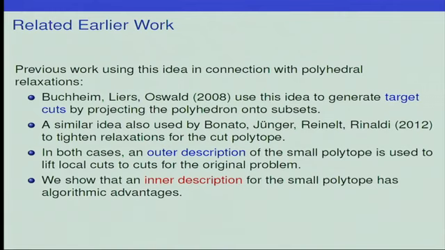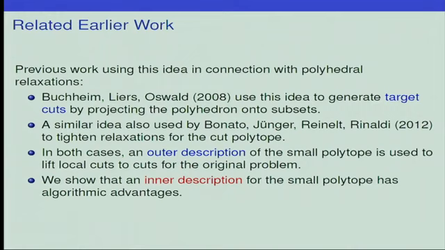There's some previous work that uses very similar inspiration, which is a paper by Buchheim, Liers, and Oswald using what are called target cuts, and also another paper by Bonato and co-authors. In both of these cases, they start with the big polytope, the big relaxation. They project to a small space. They find valid inequalities in this projection, and then they lift them to the original problem.